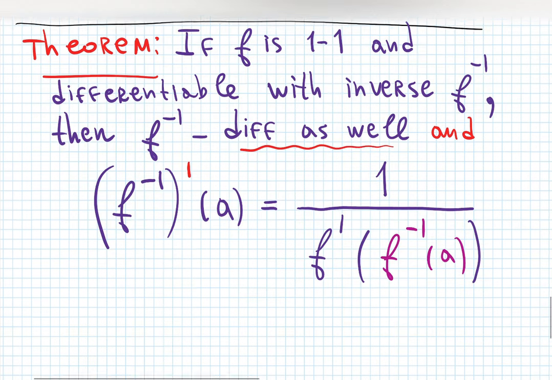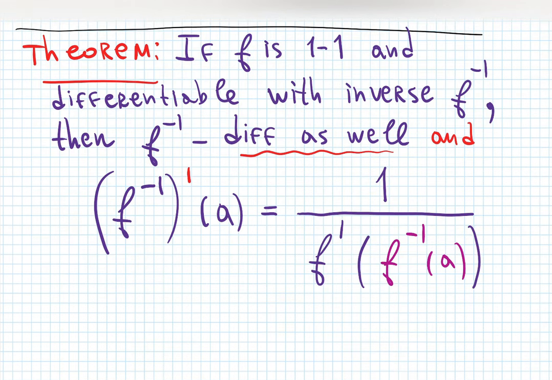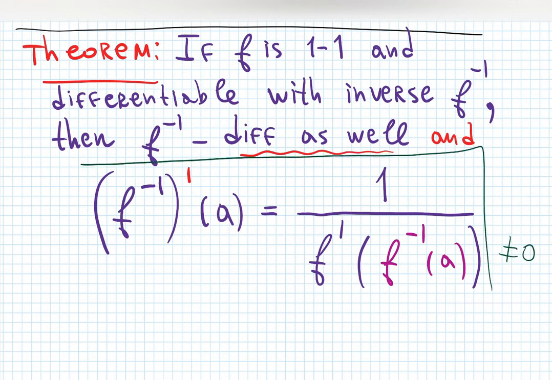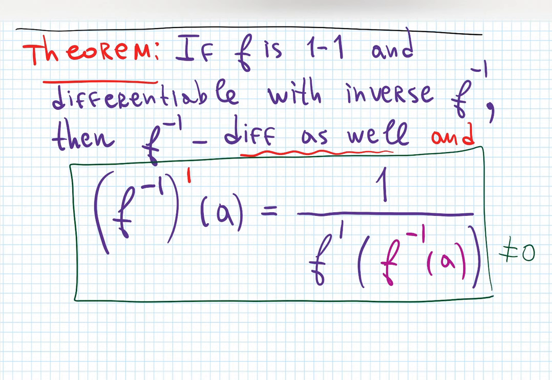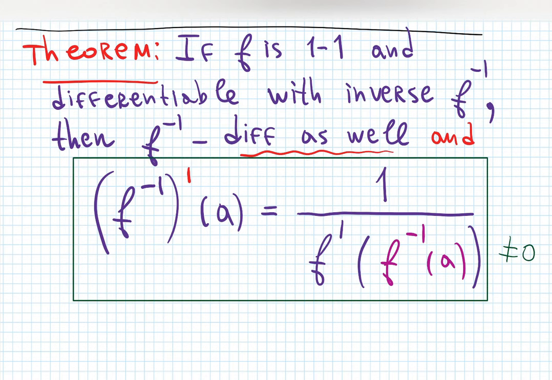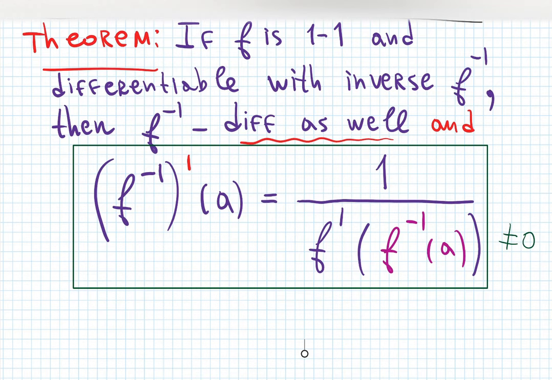Inverse at a, of course if denominator is not 0, or it doesn't make sense even to start, if this is not 0. And this is the formula, you'll have to remember it. It's probably going to go to the test, and you will have a lot of homework problems for that.